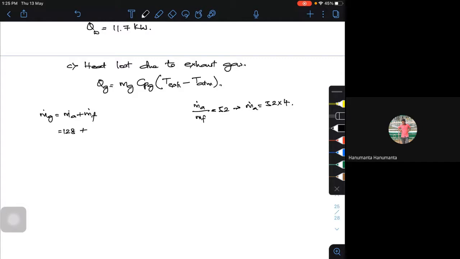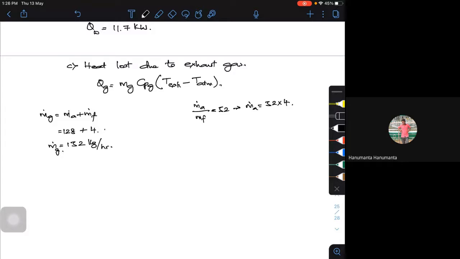Plus mass of fuel, which is 4. So it is actually 132 kg per hour. This is the mass of gas.